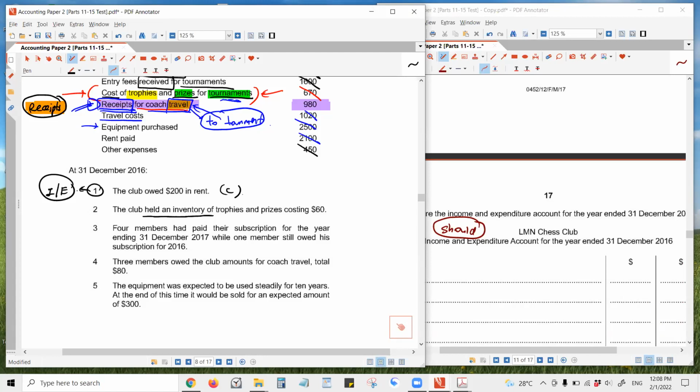The club held an inventory of trophies and prizes. What this is for is also for part C. Later I will show you how. Four members had paid their subscription. It's got to do with part B, the subscription account. It says four members had paid their subscription for the year ending 31st December 2017.